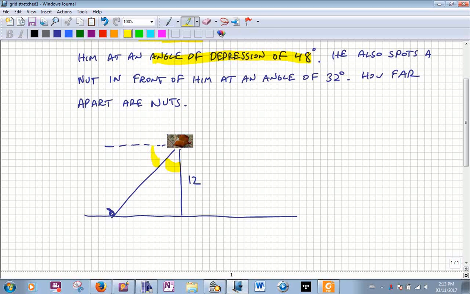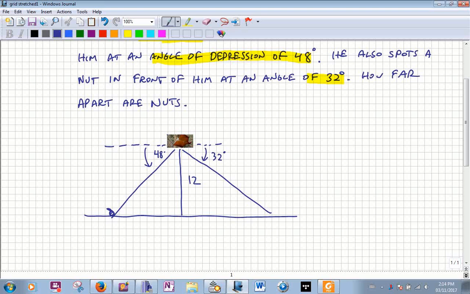First one or the second one? Yes, don't put it in there. It's from the horizontal down. That's 48 degrees. Okay? Now on the other side, he also sees one at an angle of 32. So if I want to draw it kind of accurately, that's from the horizontal down. It's a more shallow angle. It's not quite as steep, so it looks reasonable.